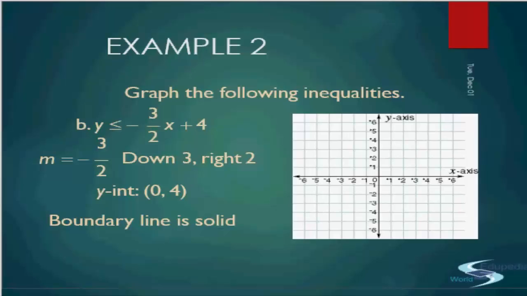Now we know over here that this is less than or equal to. Since it is less than or equal to, the line is going to be a solid one. The boundary line is going to be a solid one. So we know this now from the graph, and these are the points that you can use to draw the inequality. Once again, use any method, you'll get this answer.